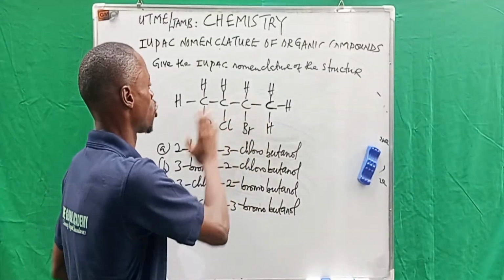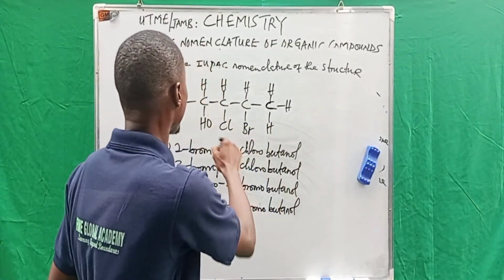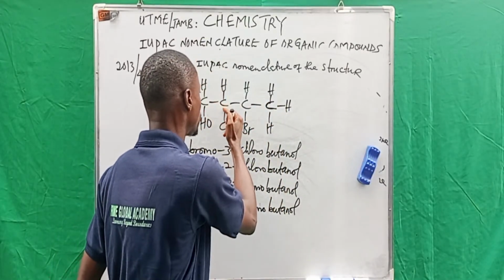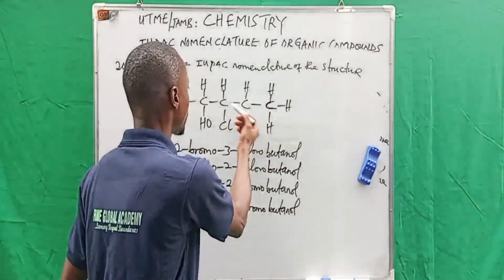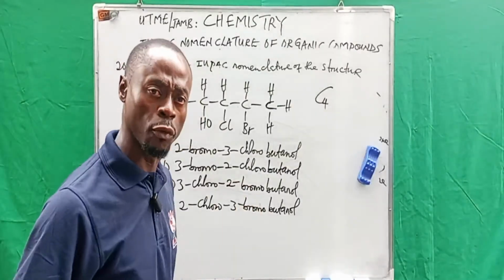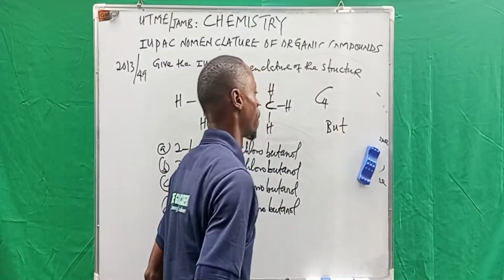Looking at this structure on the board critically, you agree with me that the longest carbon containing chain from any end, 1, 2, 3, 4, is 4. That is carbon atom 4. And carbon atom 4 in organic chemistry is what? Say but.